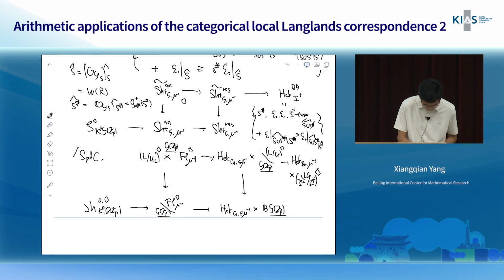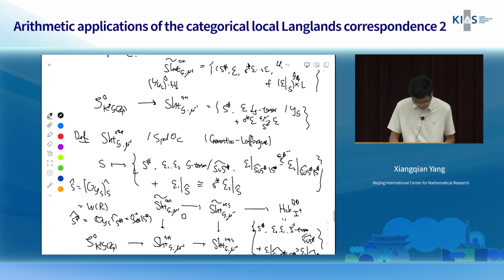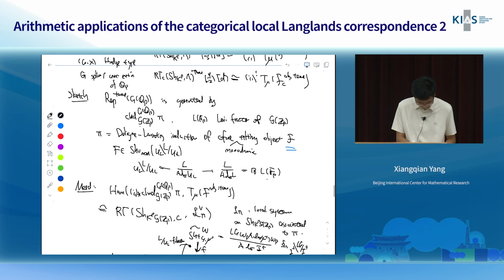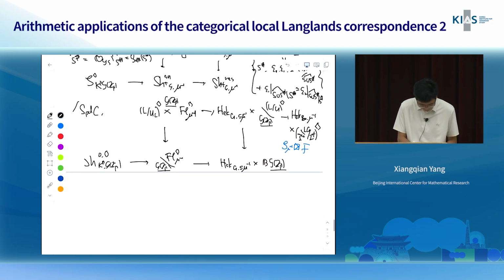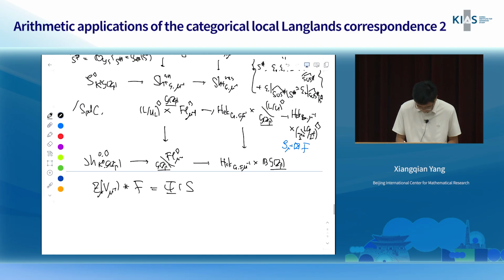And so here we can put the Satake sheaf, S mu inverse, box tensor with the sheaf F, where F is what we start from, from this derived induction of this object. So, and then we know that this ZV mu inverse convolution with F is just the nearby cycle of this Satake sheaf box tensor with F. This is only by definition.